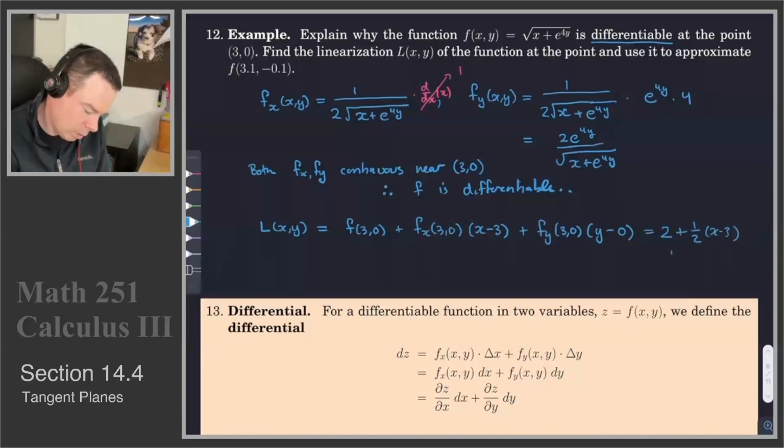And then the last part is plus the y derivative at 3, 0. The top is 2 times e to the 0, so just 2. The bottom is root 4, so we get 2 over 2, which is a 1. And so that's 1 times y minus 0. It's just a plus y. So that's our linearization.